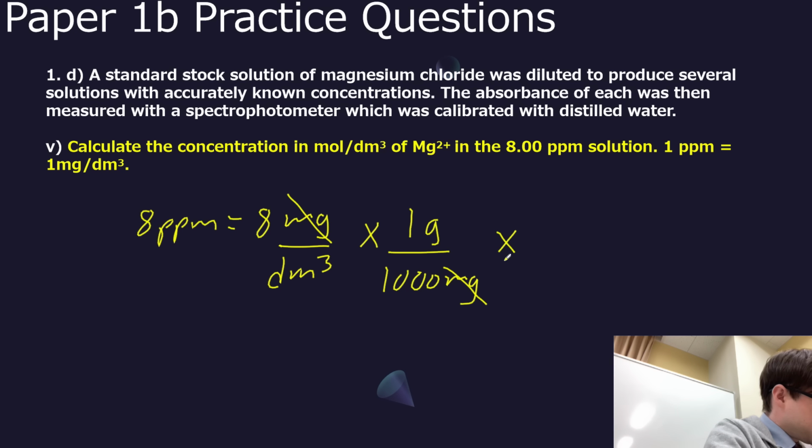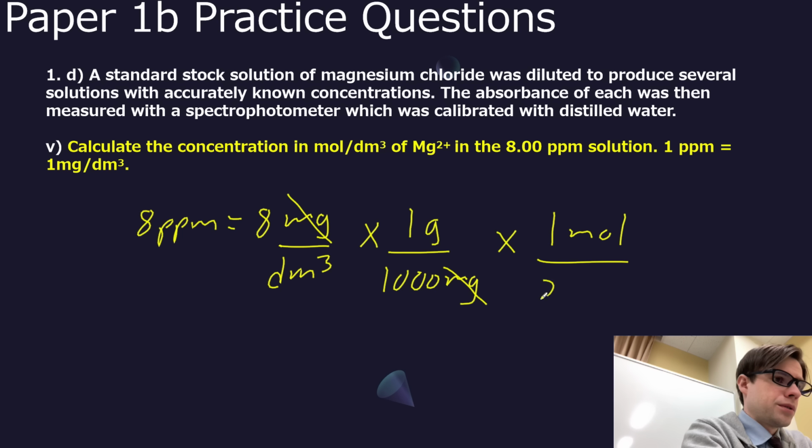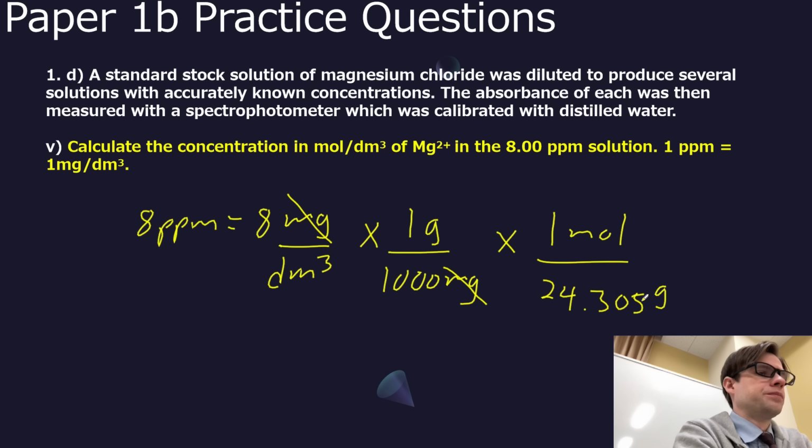24.30. So we'll multiply this by 1 mole per 24.305, I think, gram of magnesium. This way our gram units will cancel out. We will be left with mole per decimeter cubed, hopefully.